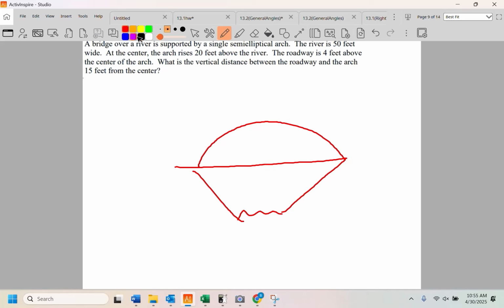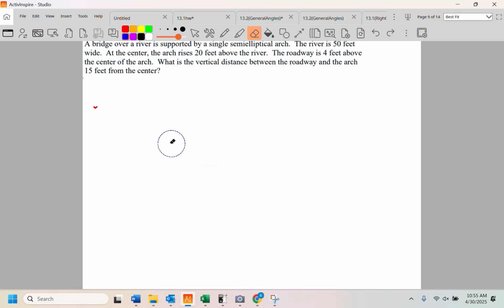All right, let's see what we can do here. The river is 50 feet wide, so I guess what they're telling us here is that the bridge is going to be 50 foot wide. At the center, I did this diagram wrong, forgive me. Let me erase this. I didn't read all the text. The bridge is supported, okay.